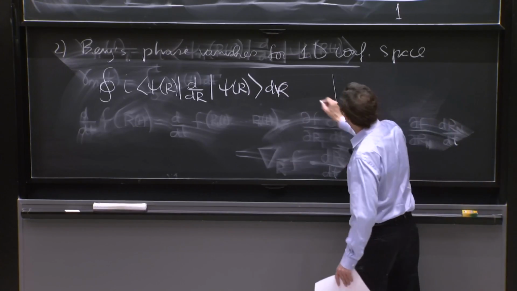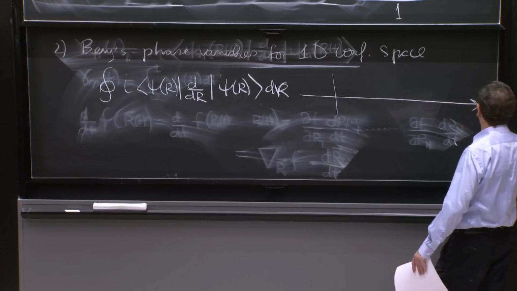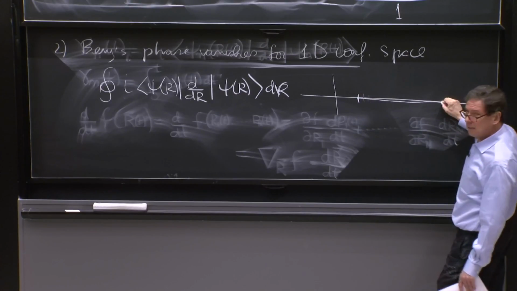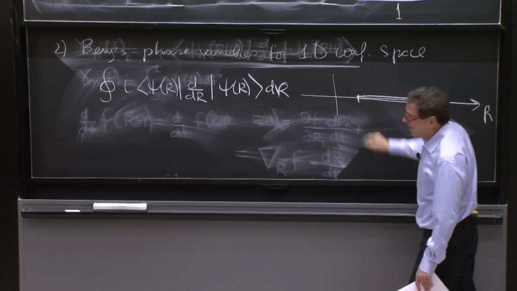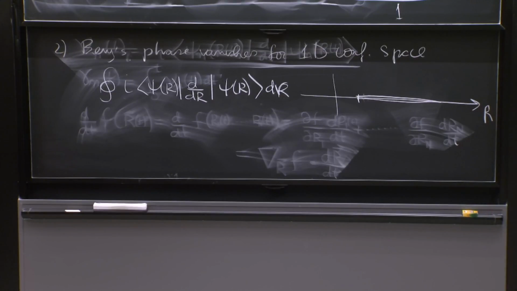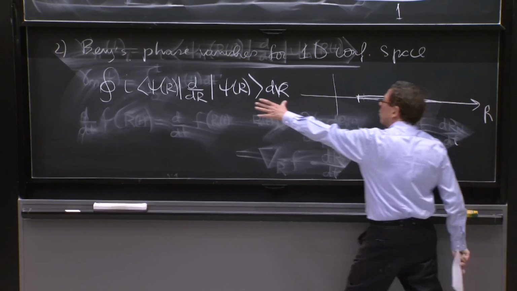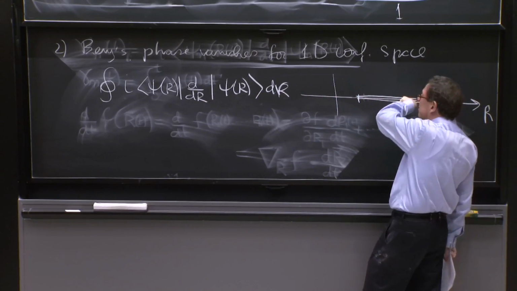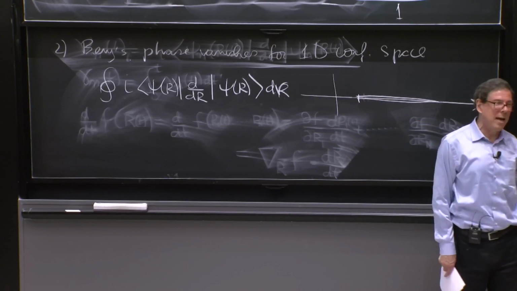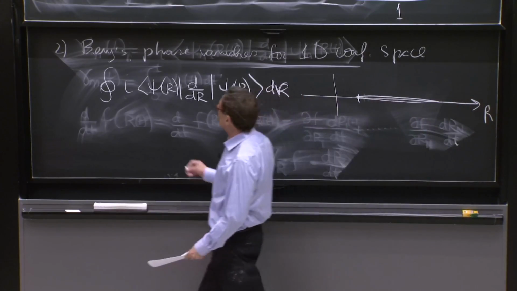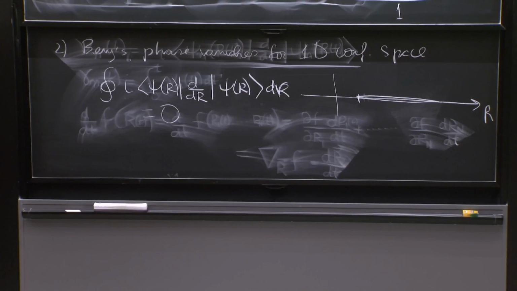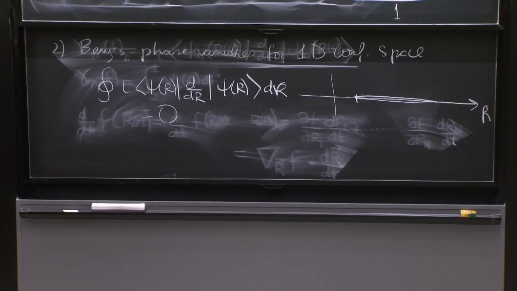But now, if this configuration space is one-dimensional, this is R, a closed path is a path that goes like this and back. It retraces itself. So it integrates this quantity with increasing R, and then it integrates the same quantity with decreasing R, and the two cancel, and this phase is equal to 0. So you cannot get a Berry's phase if you have one dimension. You cannot get a Berry's phase if you have real instantaneous eigenstates.